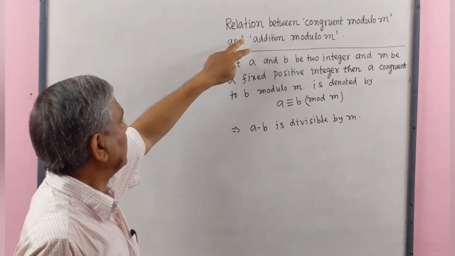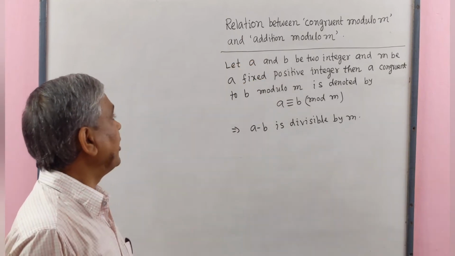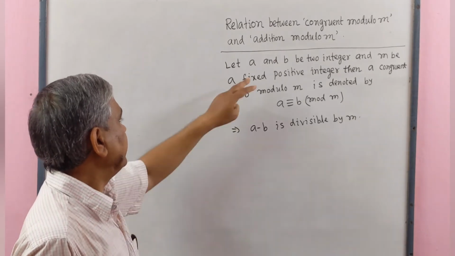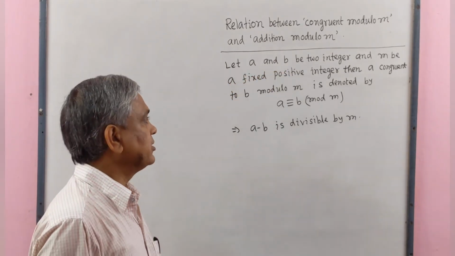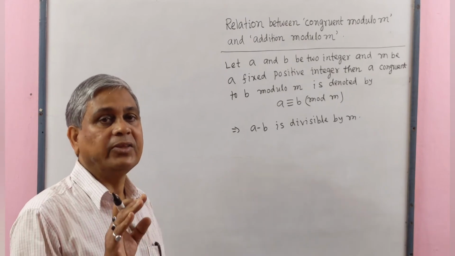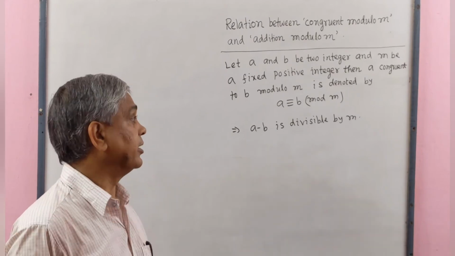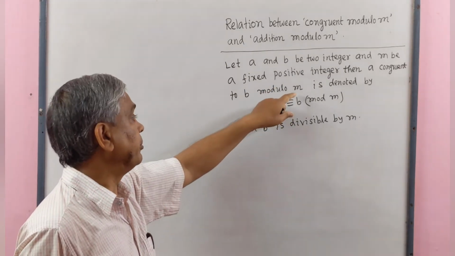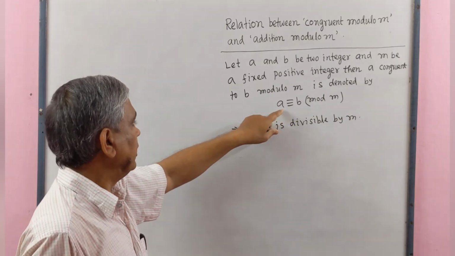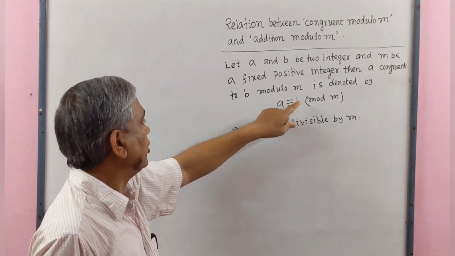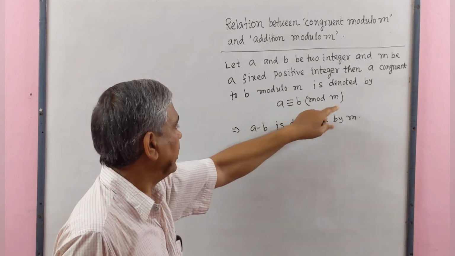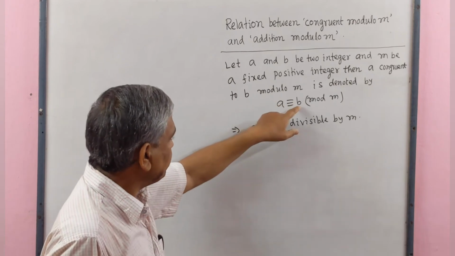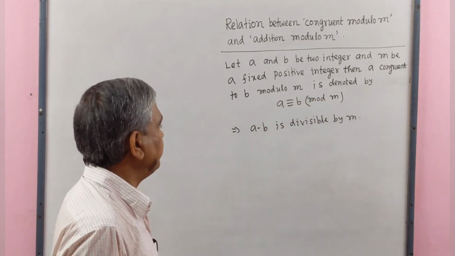Now, relation between congruent modulo m and addition modulo m. Let a and b be two integers and m is any fixed positive integer. Then a congruent b modulo m implies that a minus b is divisible by m.